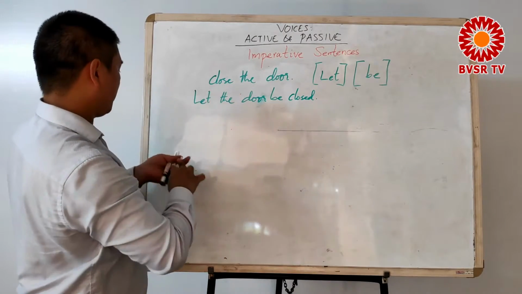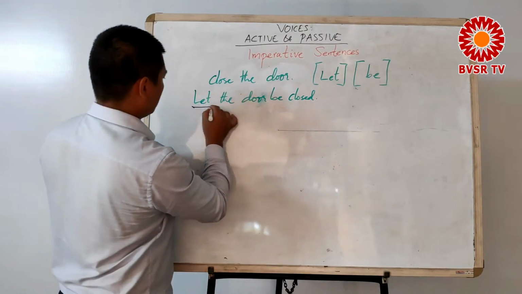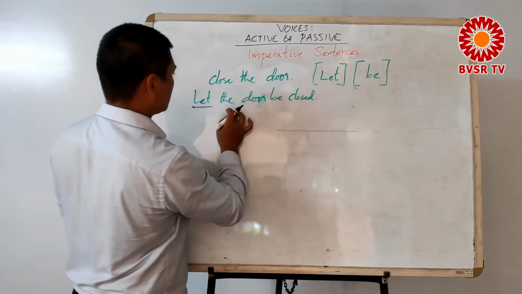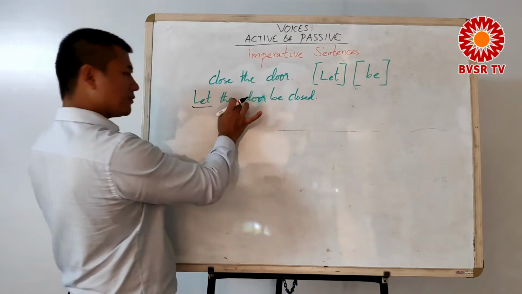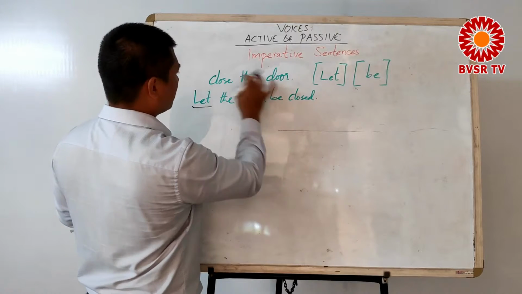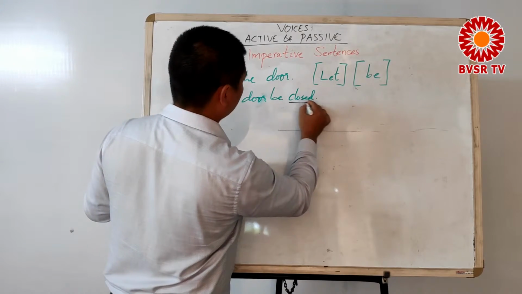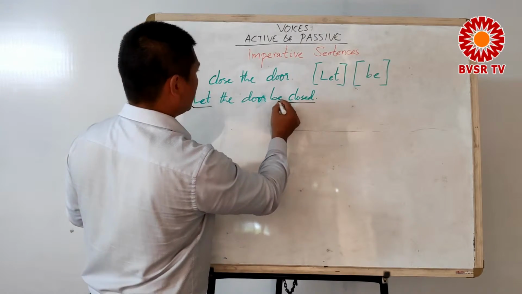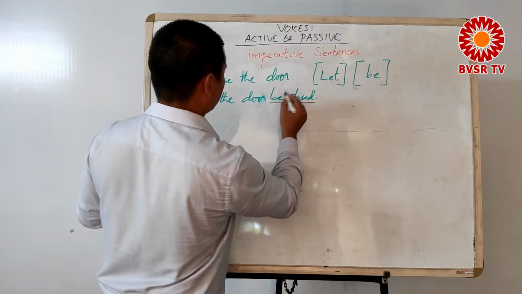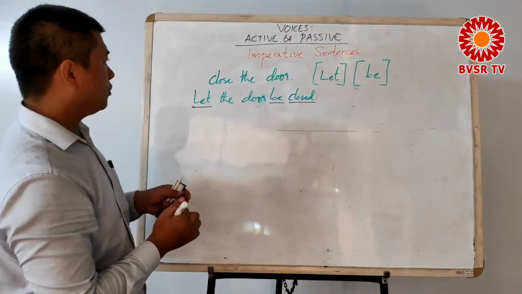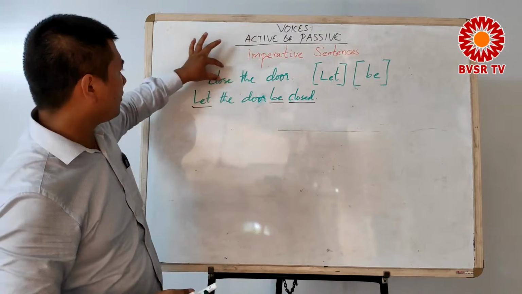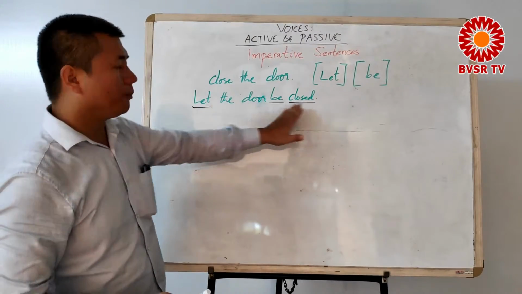So we have here, let, the door is already here, object, but now it comes in the subject's place, and the verb goes at the back, at the end of the sentence, and the be we already used here. So this is how you have to make imperative sentences of active voice into passive voice. Let the door be closed.